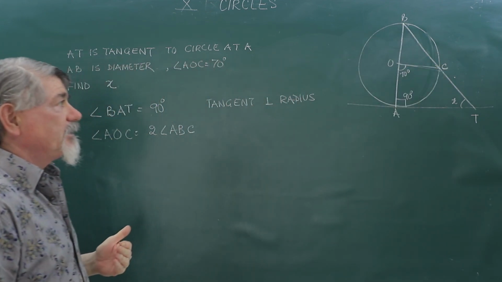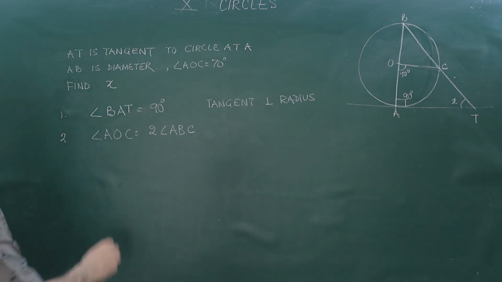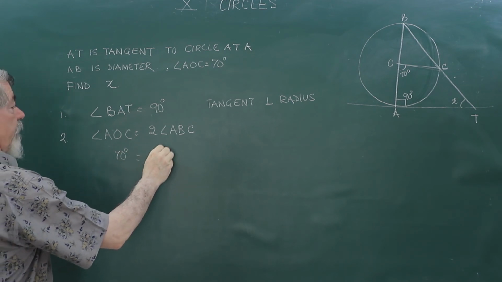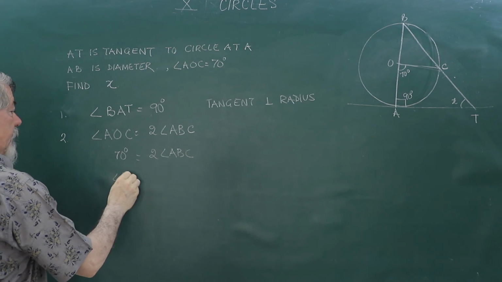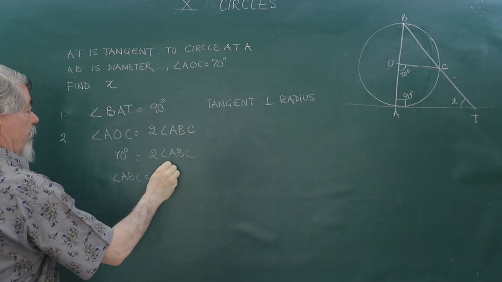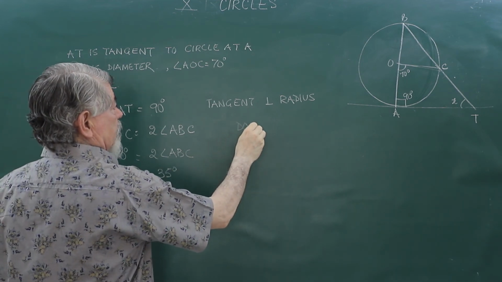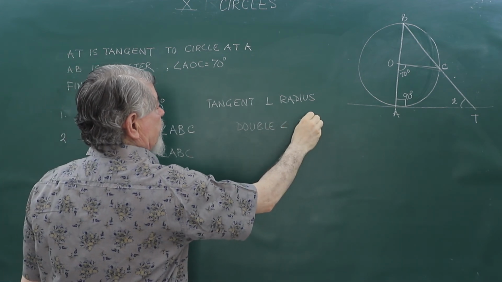So the relation is that the angle at the center is double the angle at the circumference. This angle AOC is given as 70 degrees, which will be double of ABC. So angle ABC will be 35 degrees, half of 70 degrees. This is the double angle property.